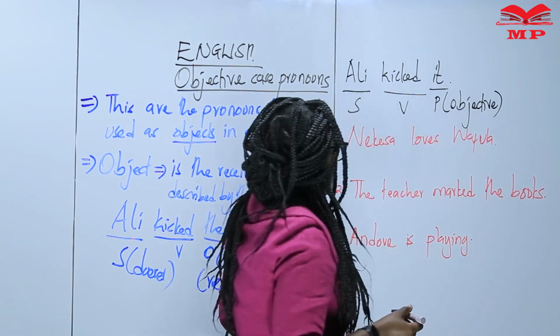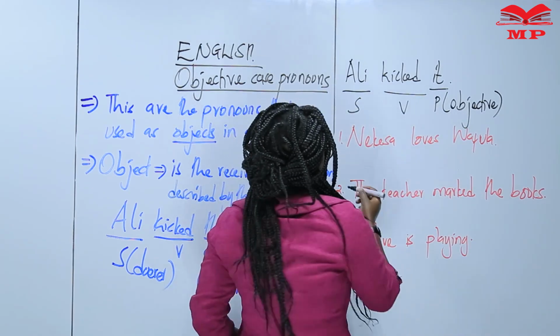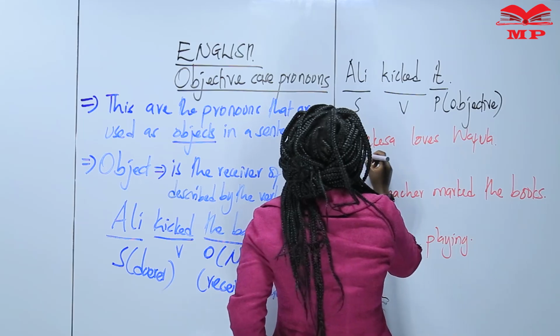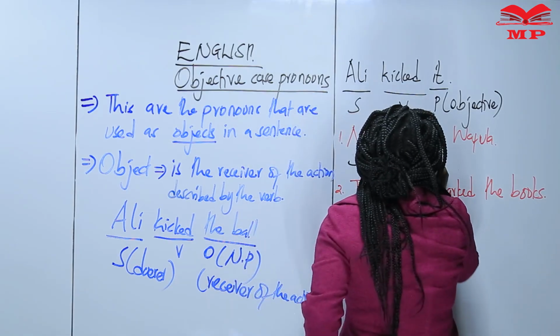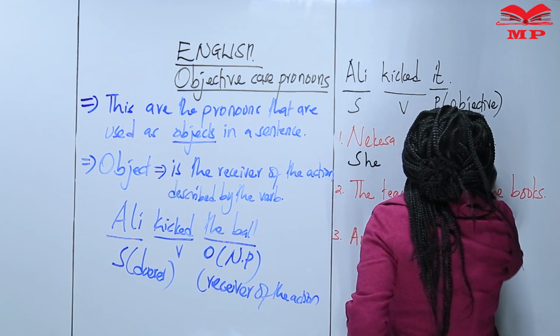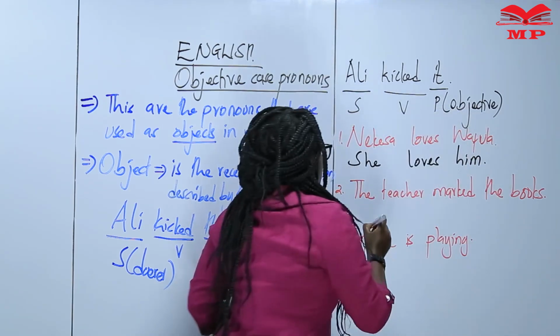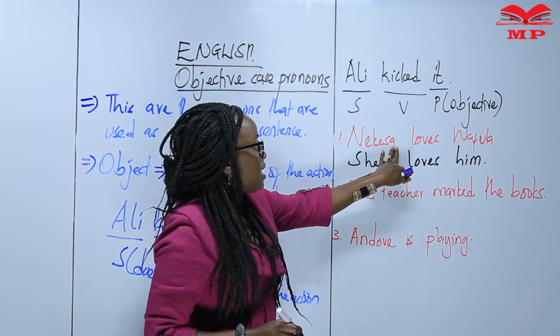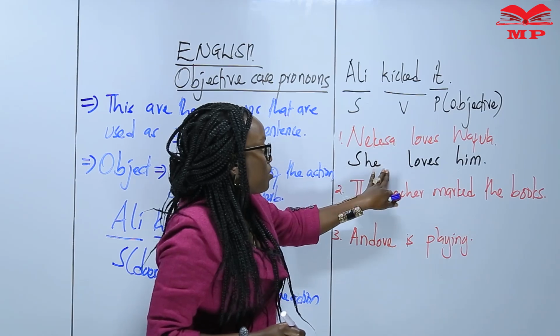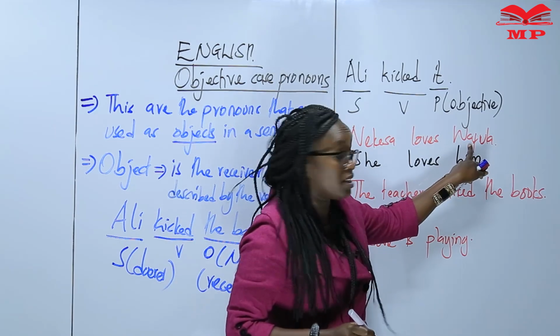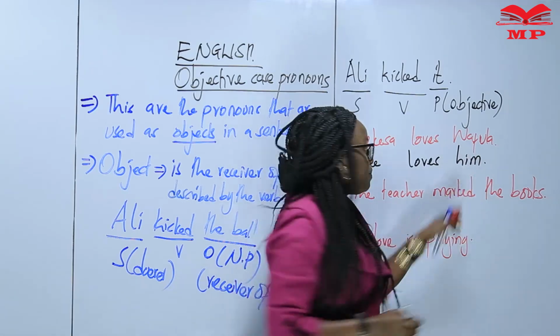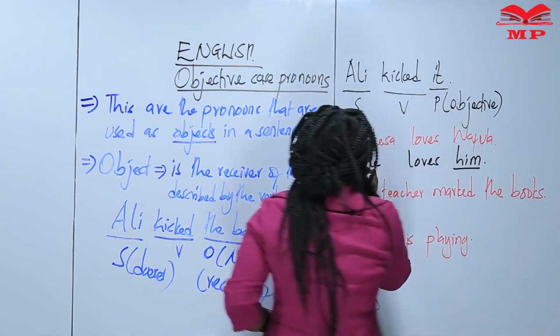We could replace this sentence and then have a sentence that says, she loves him. So now we have replaced Nekesa, which is the subject, with a pronoun she. We have replaced Wafula, who is actually the object in our sentence, with the pronoun him. Him and she.